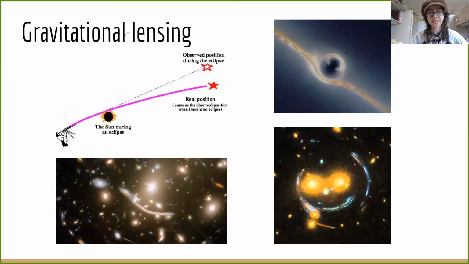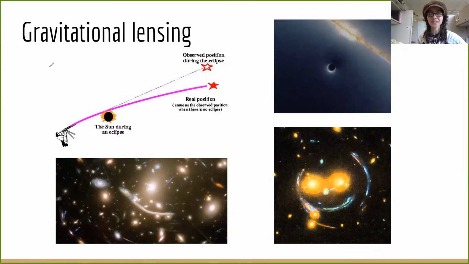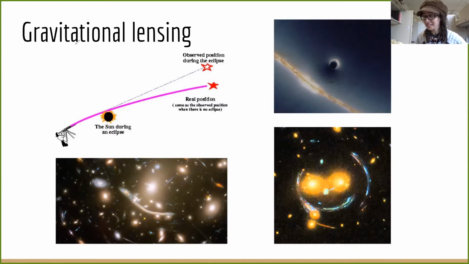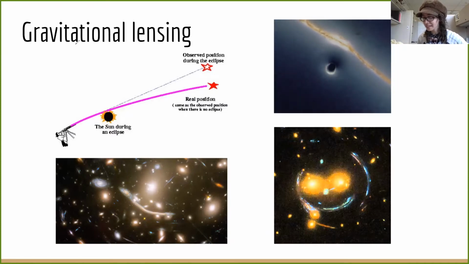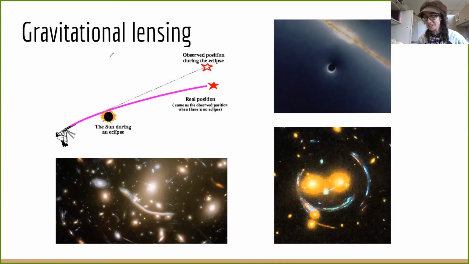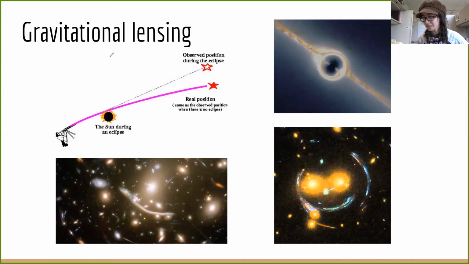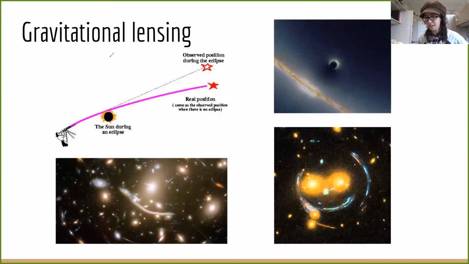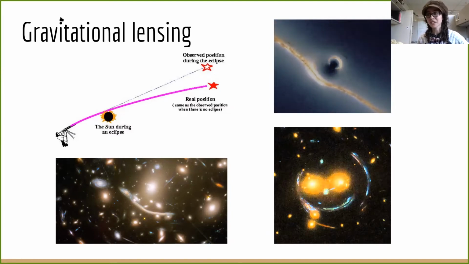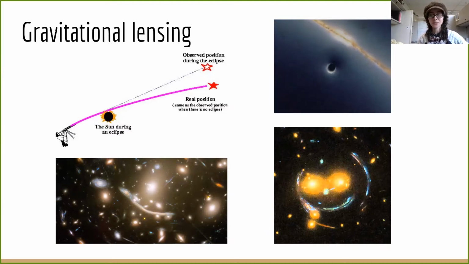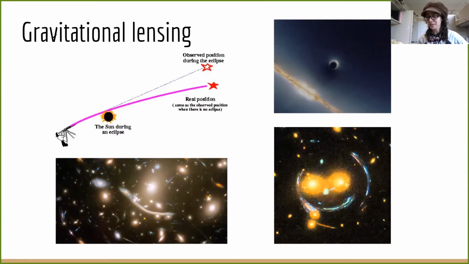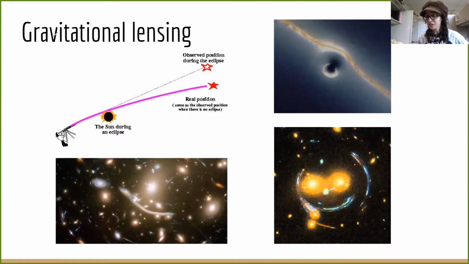So in physics, we call this effect of light curving under the influence of gravity gravitational lensing. And the idea is that because of the equivalence principle, light's trajectory in an accelerating rocket ship would look curved. So by the equivalence principle, light's trajectory under the influence of gravity will also look curved.